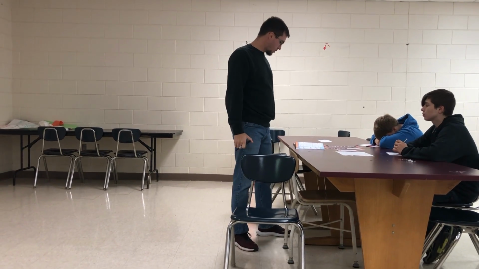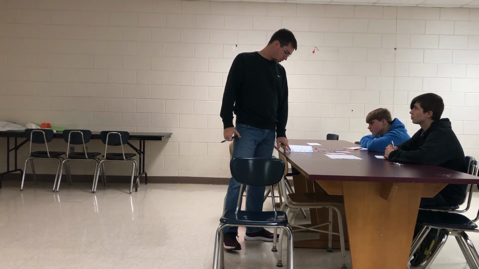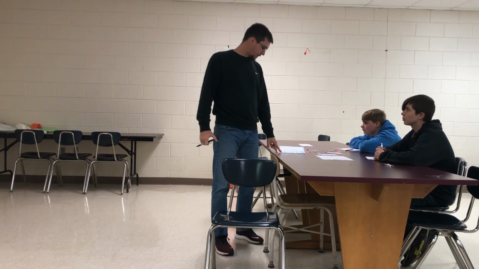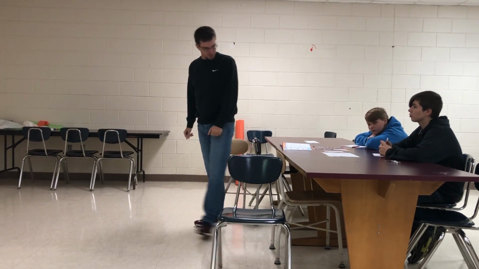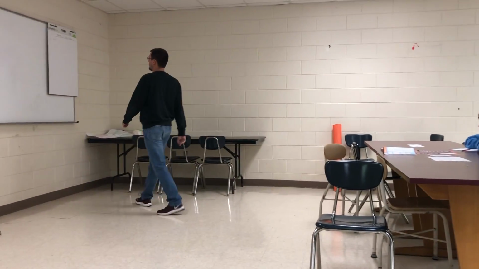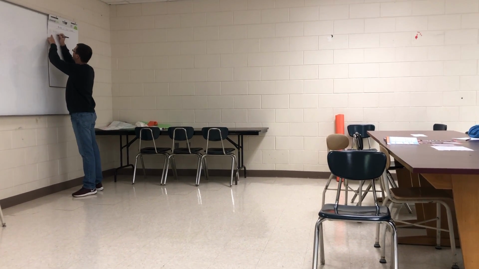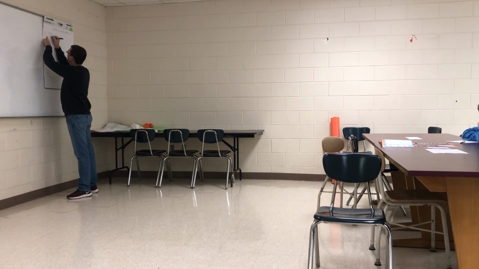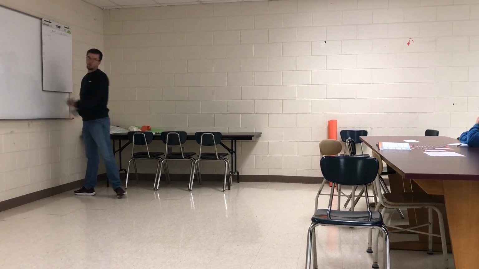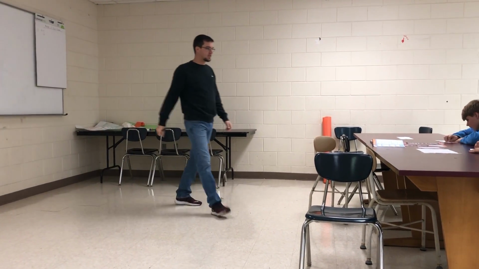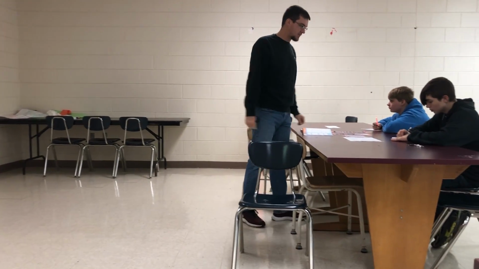Now, the first thing we want to do is we want to split one of our factors, okay? So we're going to split the 7. We've got 8 times 7. We're going to split this 7 and get 5 plus 2, like that. You see that? You should have that down on your paper, just like I have it down on mine.